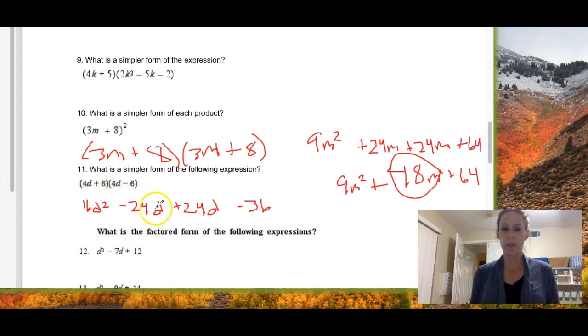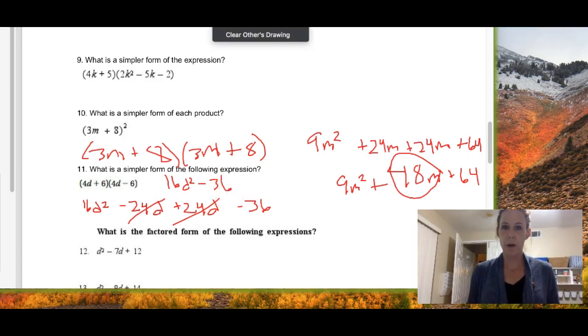The negative 24d and the positive 24d cancel out, so I'm just going to be left with 16d squared minus 36. The difference of perfect squares looks like this: the same term with the plus, and then the same term with the minus, or the same polynomial. Okay, let's go on to number 12.